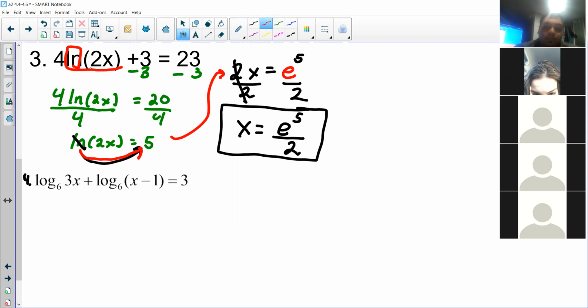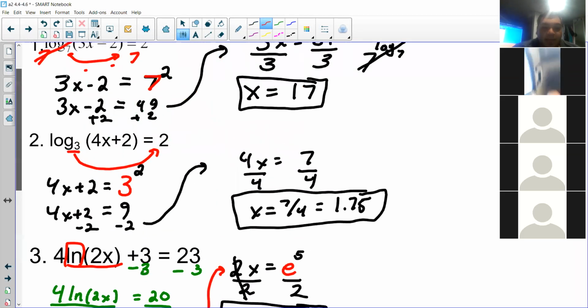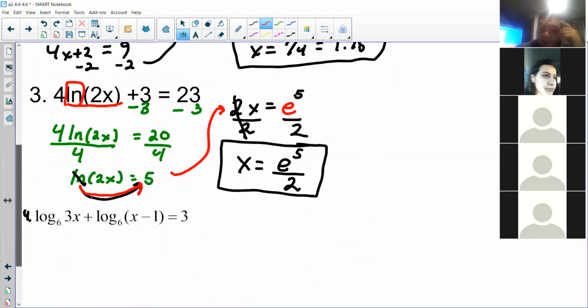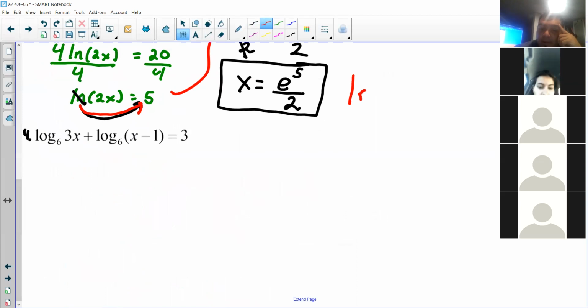That's when you use e. If you have log base 7, you use 7. If you have log base 3, you use 3. So it's just based on what they give you. It's definitely not random.